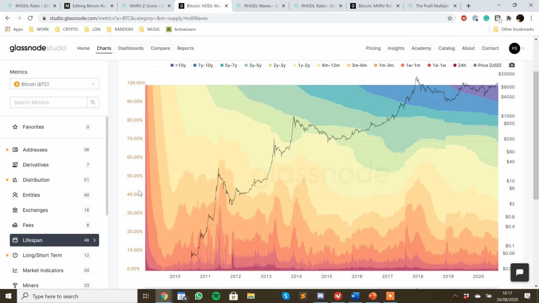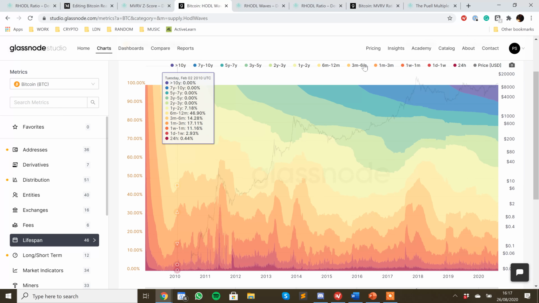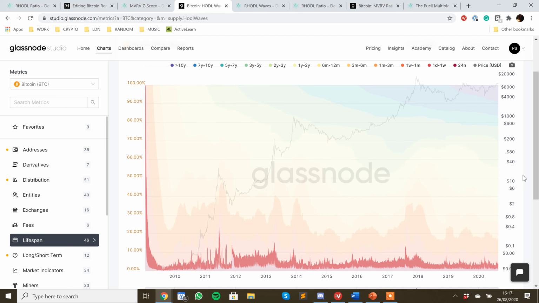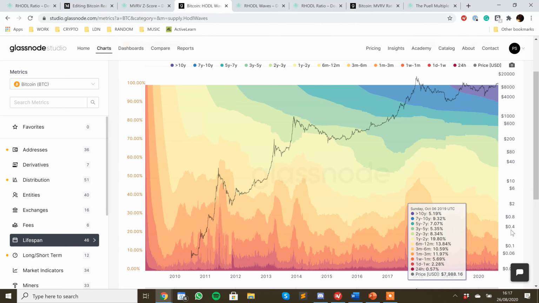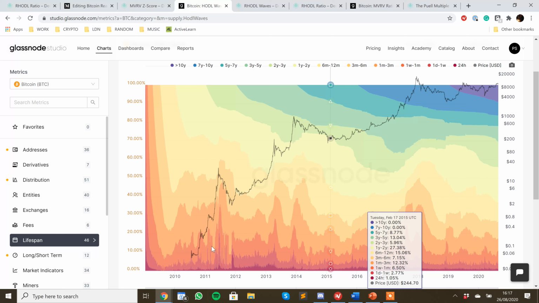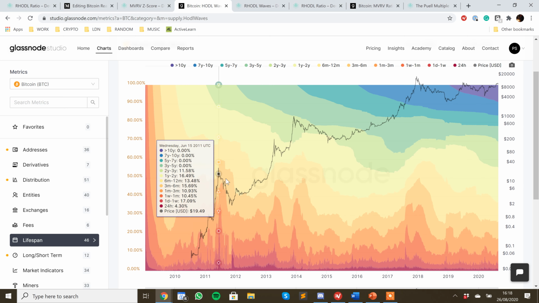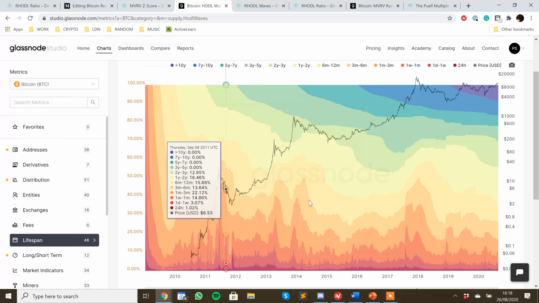You can see it adds up to 100. So it's all the coins on the network, and the waves look at the time periods of when coins last moved. What we're particularly interested in is this: each cycle, when price pumps, the dark line being price, you can see the shorter waves spike up.